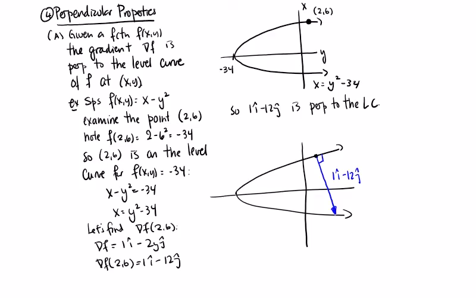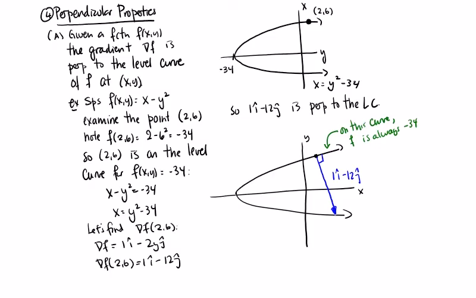Now, if we stop and think about it, this kind of makes sense, because the level curve is the curve on which f doesn't change. So in other words, I'm going to point to my curve with another arrow, which I don't like to do, but there we go. On this curve, f is always negative 34. It doesn't matter where you are, because it's the level curve for f equals negative 34.